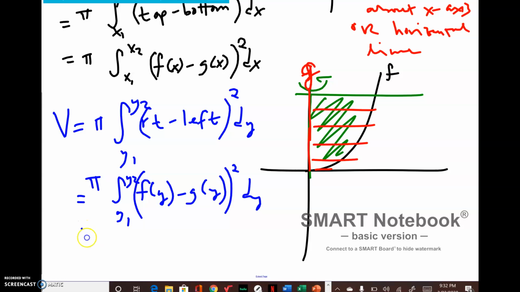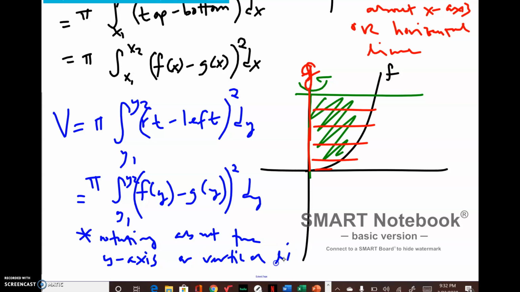Okay, and this is for when I am rotating about the y-axis or a vertical line.